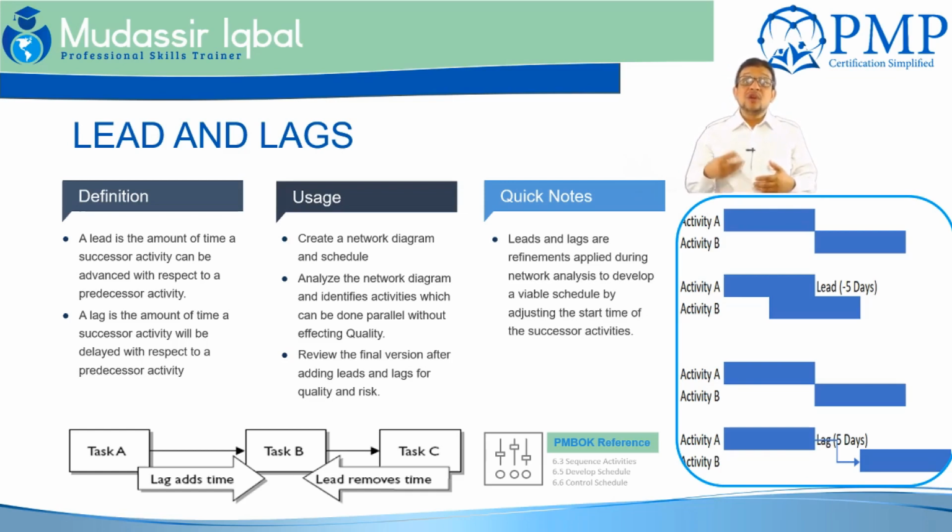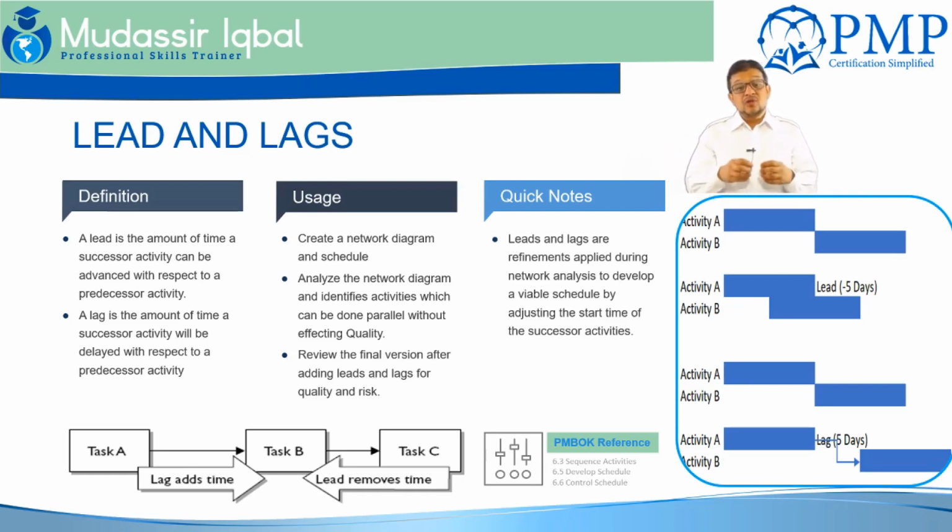You might want to remove some subjective dependencies between two activities so that you can lead them together. Lag can definitely be used when there are two activities where the resources are the same, so you want the resource to keep working on your project continuously.